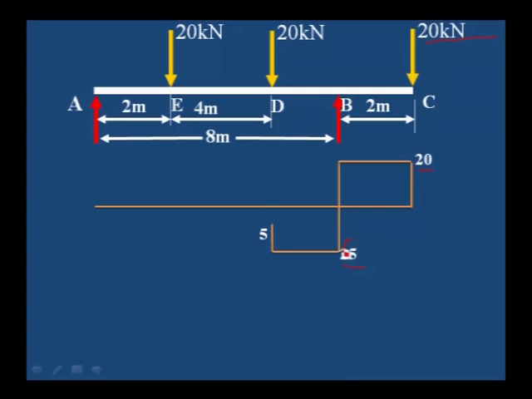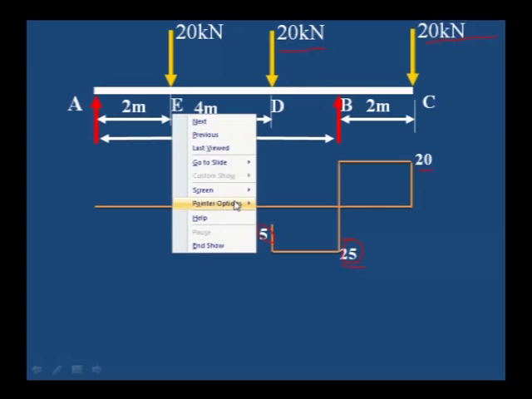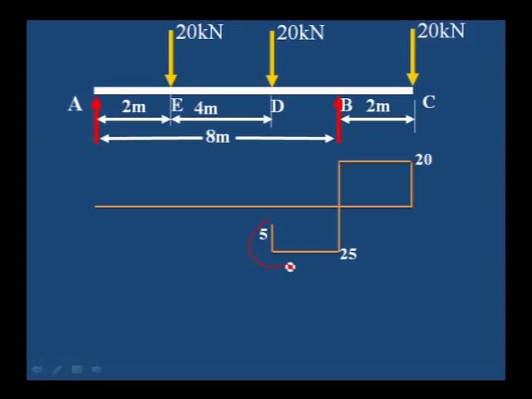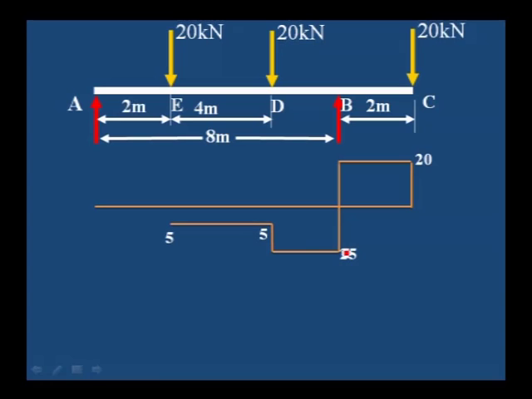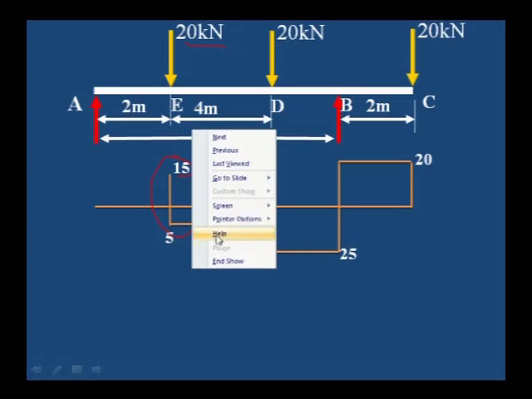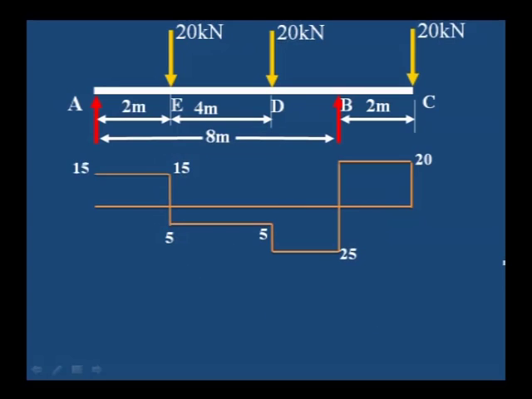What you can observe, 25 minus 5 is equal to 20. This drop is equal to 20, and then constant up to E. Again it changes to plus 15. You can observe here plus 15 minus minus 5, therefore 15 plus 5, a 20 drop is there. Again it is constant and then you have to close. This is the shear force diagram.